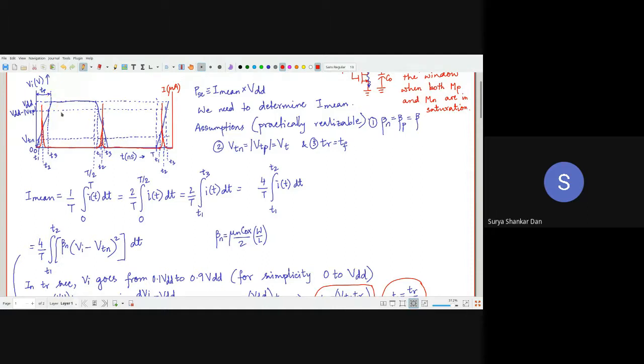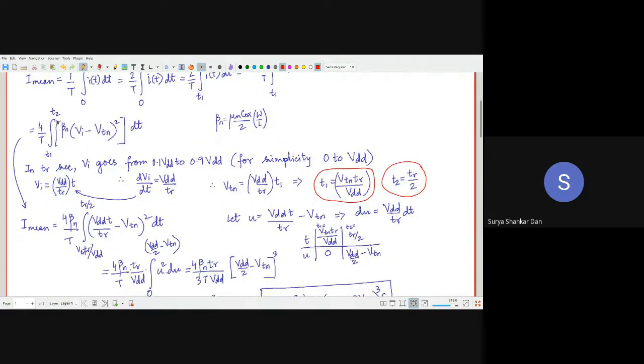Okay, very good. So all I have done is mean current is equal to beta n को बाहर निकालो. Instead of these T1 and T2, I have replaced it by the instances in terms of known quantities like VTN, VDD and TR. All right, excellent. और फिर Vi के बदले में हम लोगों ने क्या लिखा?